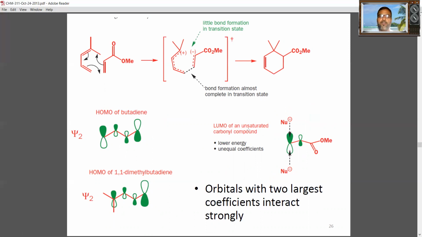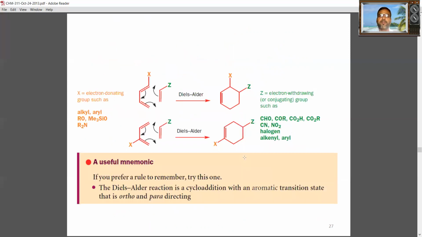Now you can see the LUMO of the unsaturated carbonyl compound. Here the nucleophile is coming from the green side and this nucleophile from the white side. Low energy, unequal coefficients. So the orbitals with the two largest coefficients interact strongly. Now you can see the electron donating groups X, and what is the condition of Z?